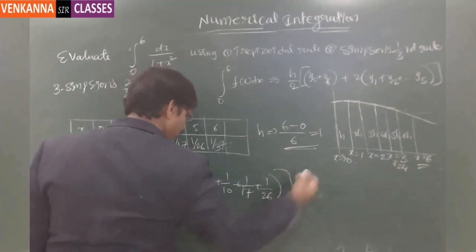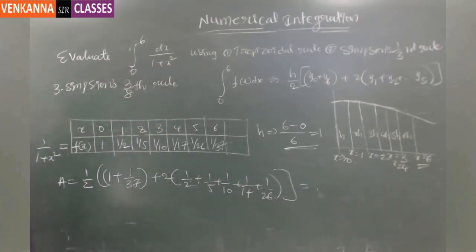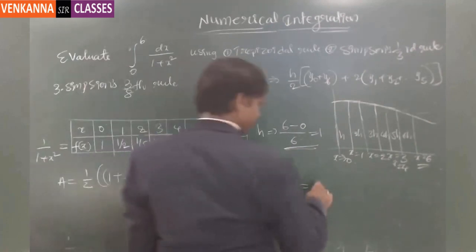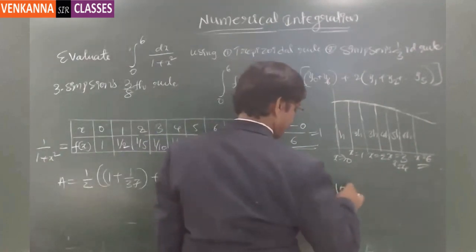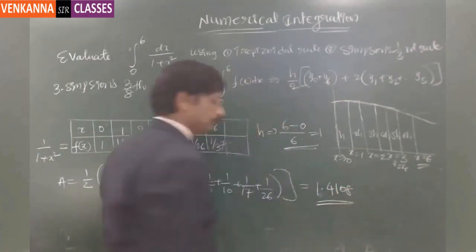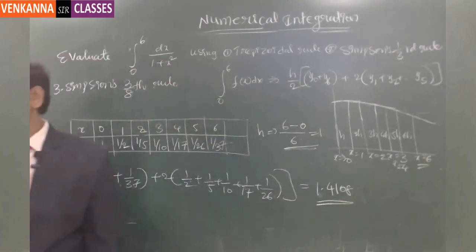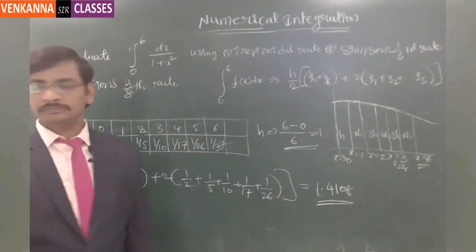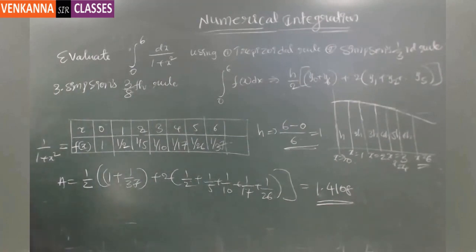Whatever value you get, that is the area of this curve 1 by 1 plus x square. I think this value is coming out to be 1.4108. This is the area. Got it? Understood the trapezoidal rule?